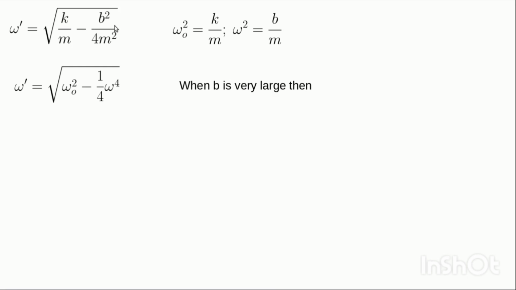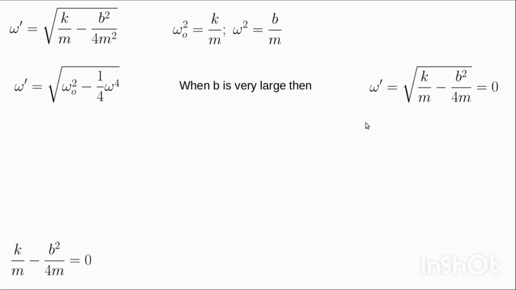And when it is exactly equal, everything inside there becomes zero, because this value is naturally smaller than this, but as you increase it, it grows to a point where it equals this expression. At that point, K over M minus B squared over 4M squared will be equal to 0, so W prime will be equal to 0. As a result, we have KM equal to B squared over 4M.